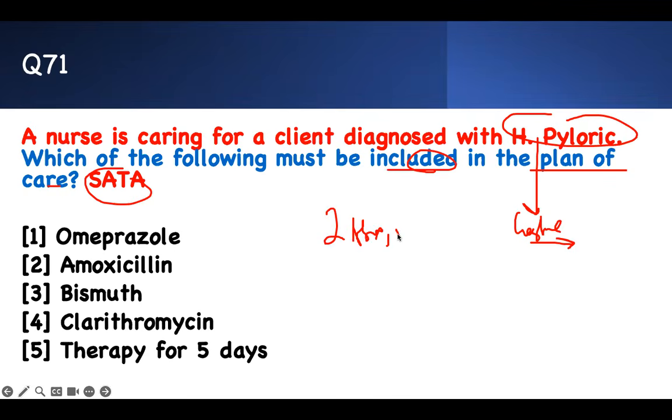Okay. You need a PPI and you need a bismuth. And the therapy is 7 to 14 days. 7 days to 2 weeks. So there's a PPI, antibiotic, bismuth, antibiotic. This therapy is too short. It will cause resistance. So 1, 2, 3, 4 is your right answer.